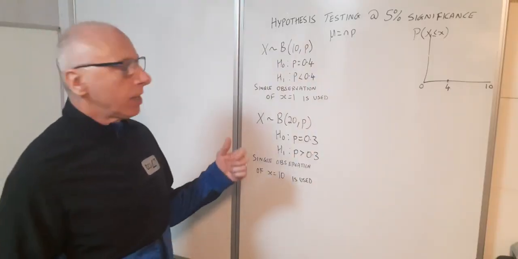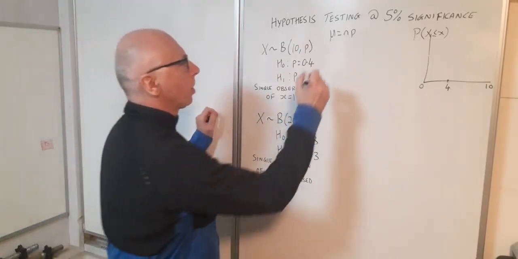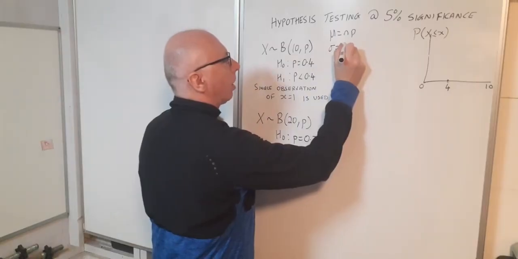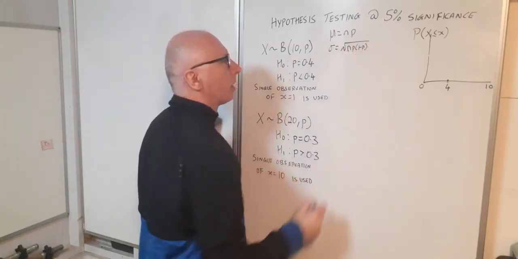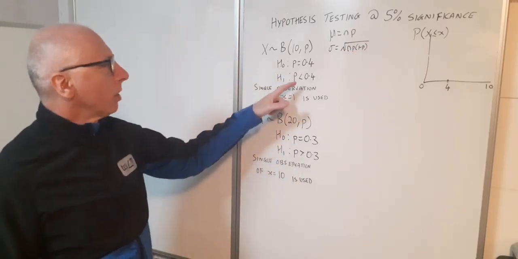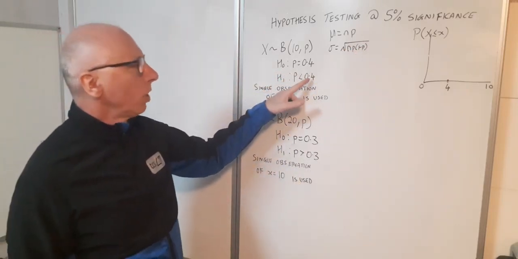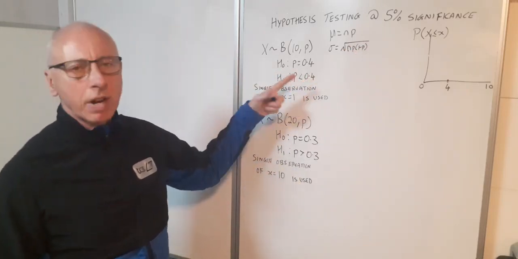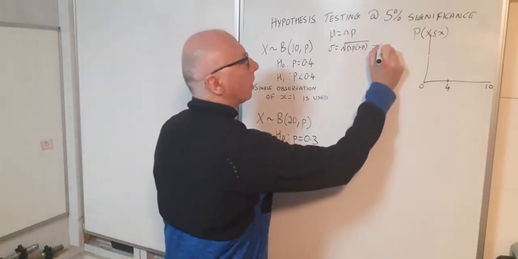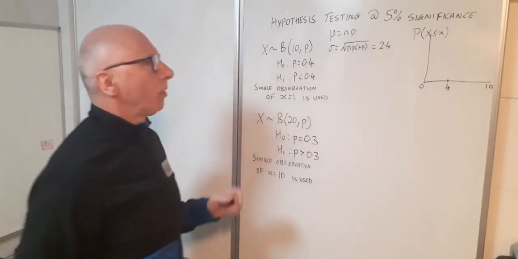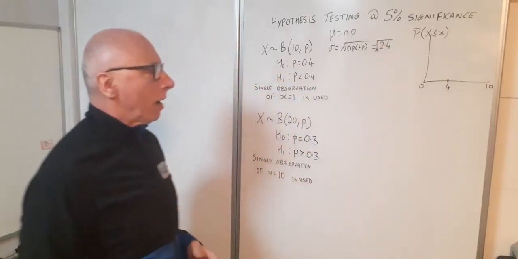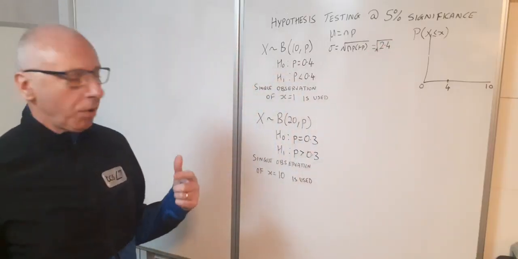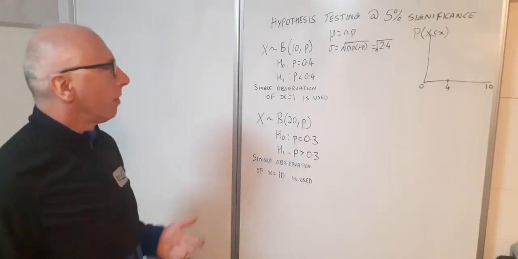Now the standard deviation will be the square root of np(1 minus p). So in this case, it's the square root of 4 times 0.6, which is about 2.4, and we take the square root of that. The square root of 2.4 is approximately 1.5.